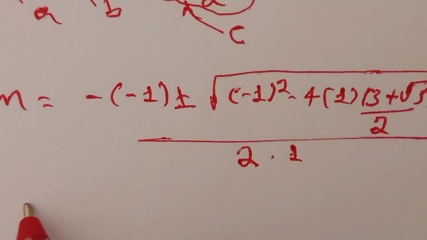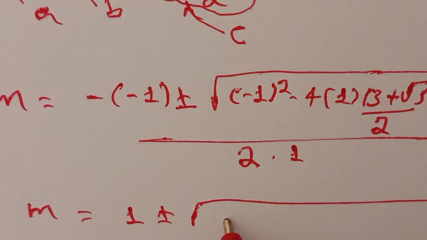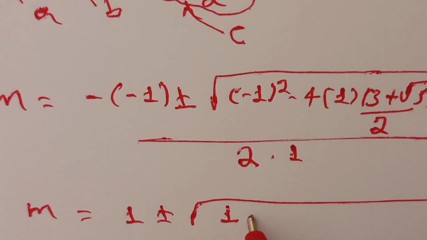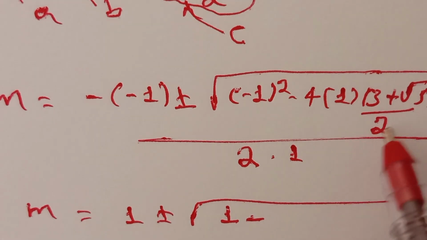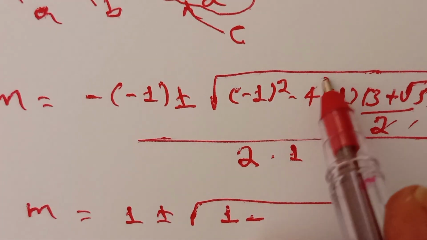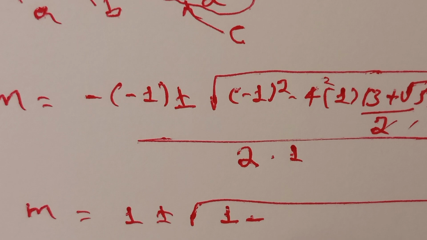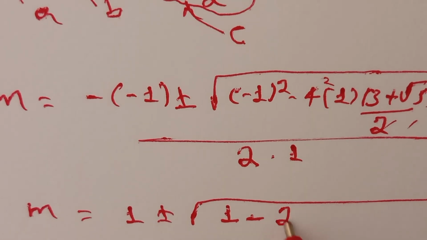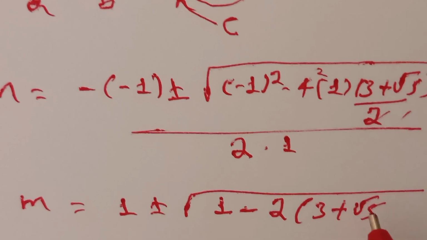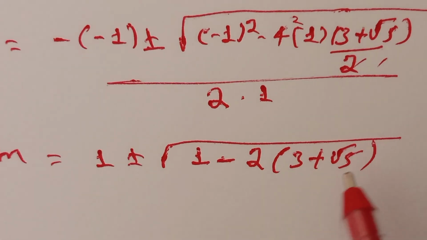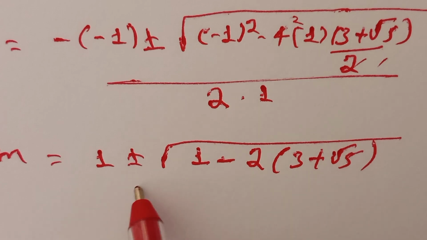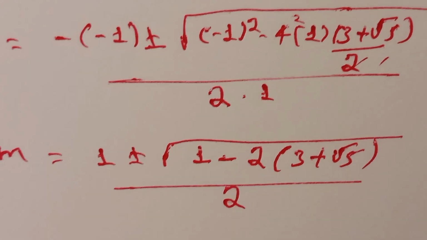So m is equal to 1 plus or minus the radical of 1 minus 2 times 3 plus root 5 over 2.